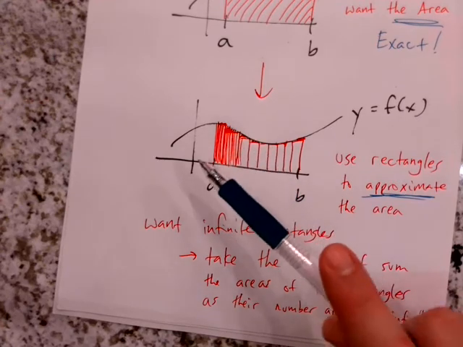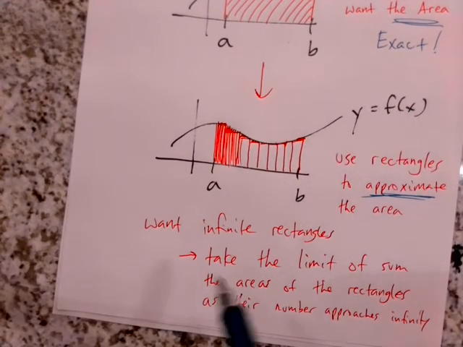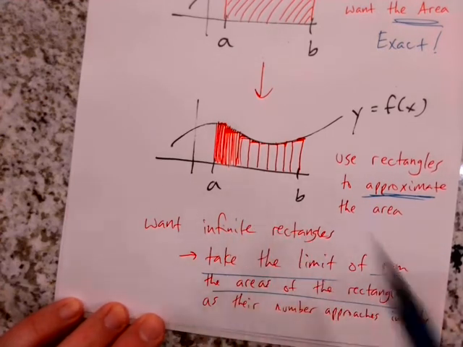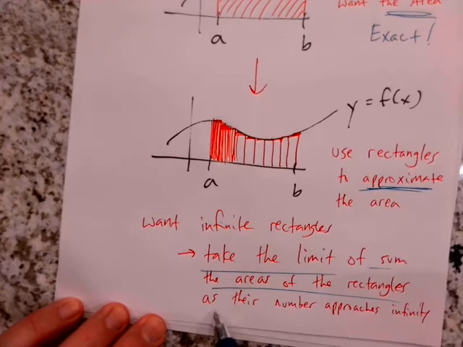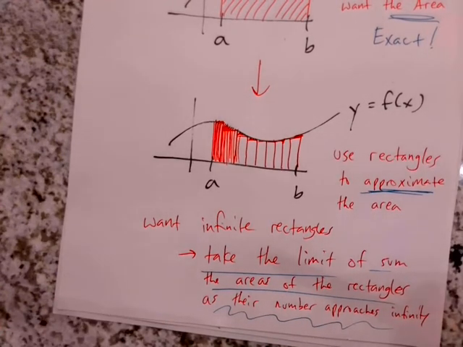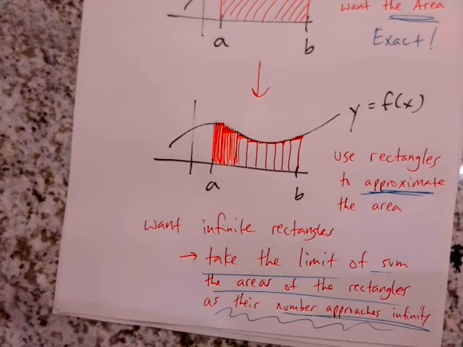It's either going to be over the true value or under the true value. What we want is infinite rectangles. So what we do is we take the limit of the sum of all those areas of the rectangles as the number of rectangles approaches infinity. As you add more and more rectangles, you get closer and closer to the true answer. As the number approaches infinity, you get the exact answer.